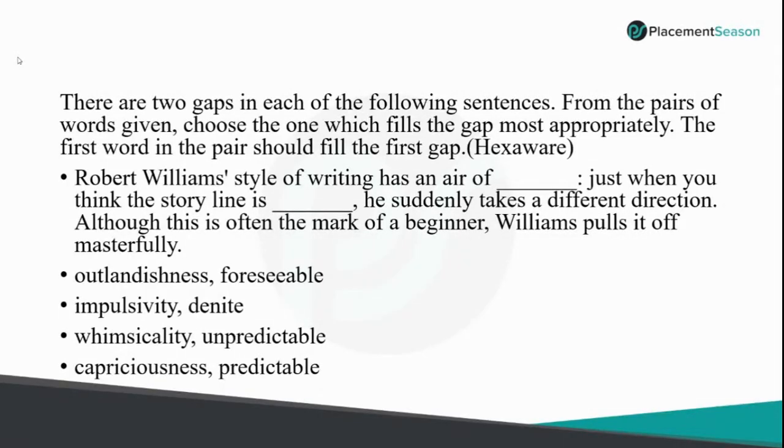Robert Williams' style of writing has an air of dash. Just when you think the storyline is dash, he suddenly takes a different direction. Although this is often the mark of a beginner, Williams pulls it off masterfully. So, what is the meaning of the sentence? I'm reading it to understand it better.